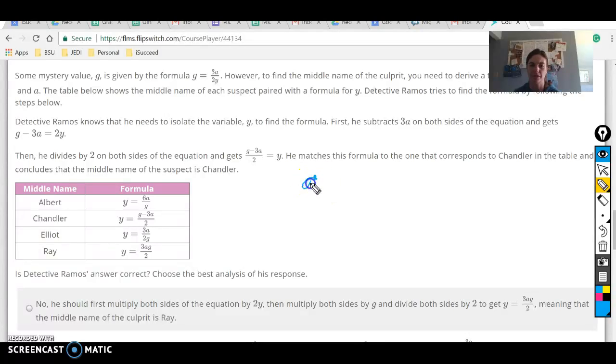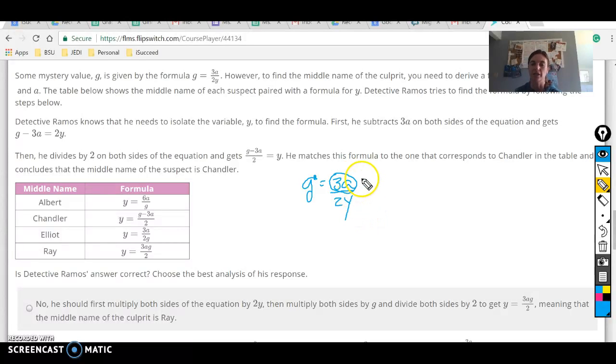G equals 3a over 2y. We cannot subtract 3a first because it's being divided by 2y. So we could subtract 3a over 2y, but that doesn't really get us anywhere.